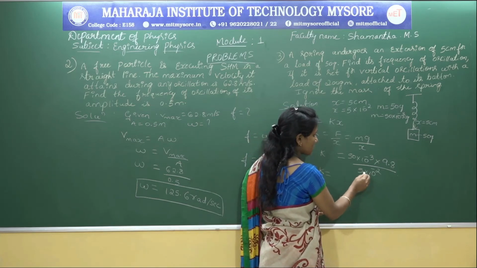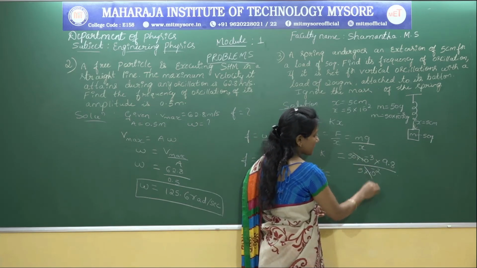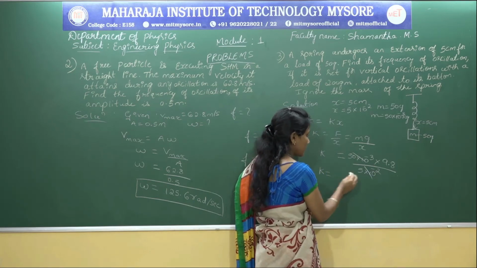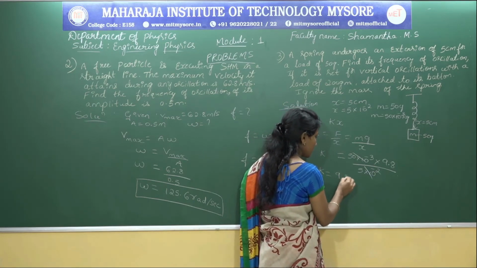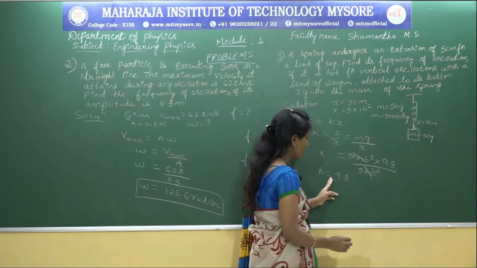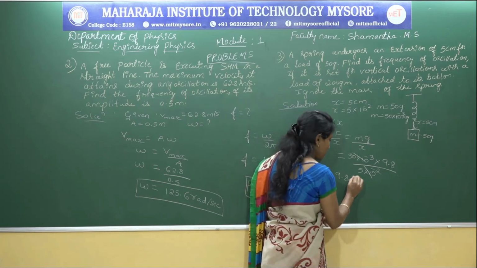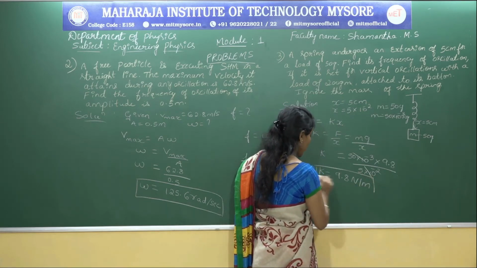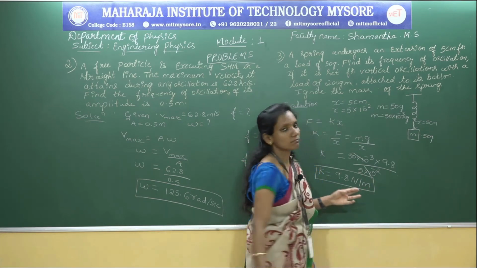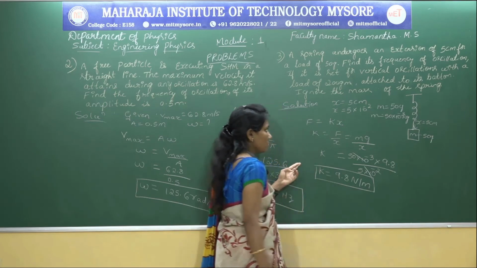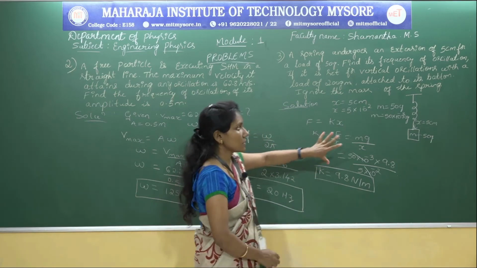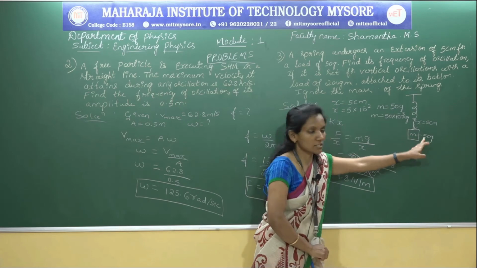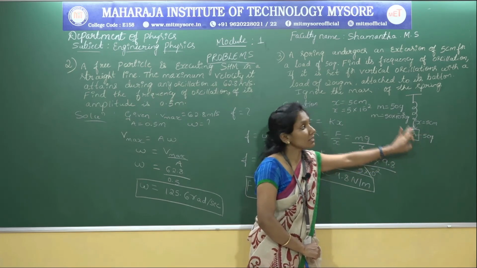Here 5 will get cancelled, same value, then we will get 9.8. What is the unit for spring constant? Newton per meter. K is equal to 9.8 Newton per meter. So, this is about this spring when it is attached with the mass of 50 gram.